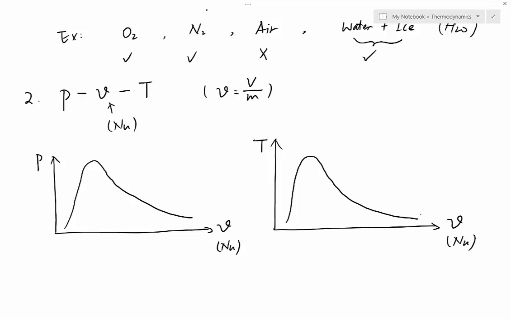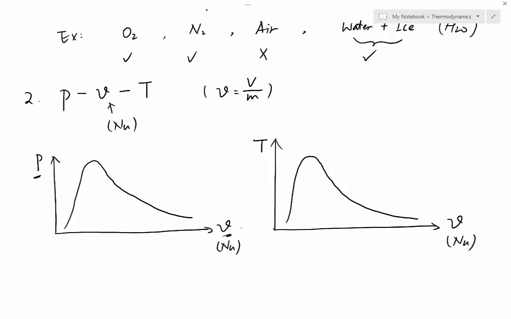So how do we determine the phase of the substances? What we do is we can measure, for example, pressure and specific volume at a location inside the pipe. And then, because we measure the pressure and nu, specific volume, on this P versus nu diagram, you will have the y coordinate and also the x coordinate. That will give you a point on this diagram. And based on the location of the point, we can easily tell the phase of the substance.